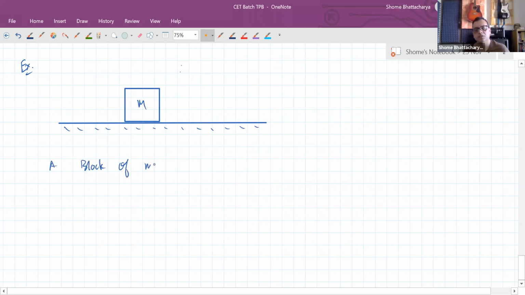So a block of mass, suppose 5 kilograms, lies on a horizontal surface.